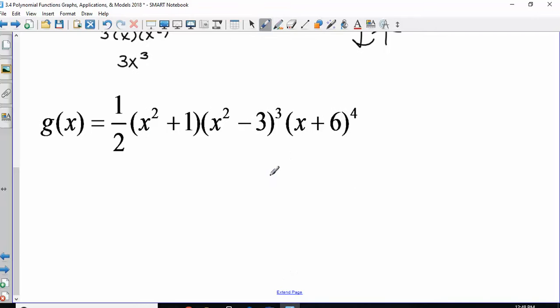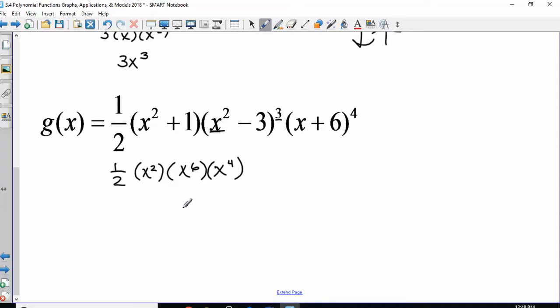Last one. I really don't want to multiply this all up. We'll be here for the rest of the hour trying to multiply all this. But if we're looking at end behavior, all we care about is that highest power, that term with the highest power. So we have a 1/2. This parenthesis would give us an x squared. And this parenthesis, if you have an x squared cubed, that would become x to the 6th.